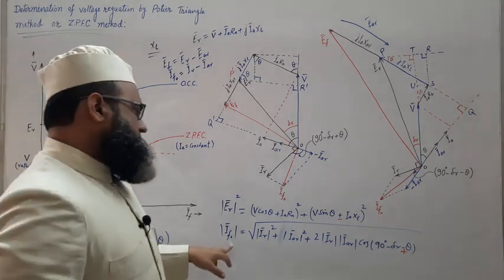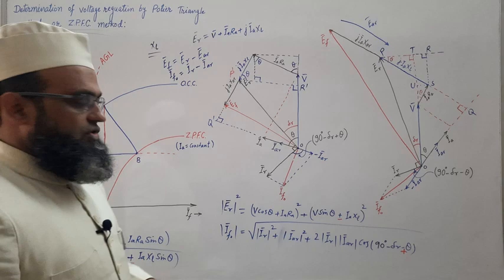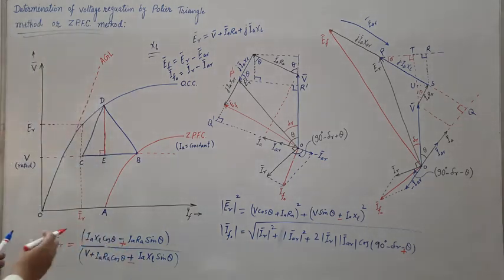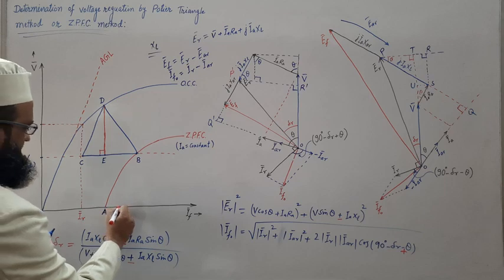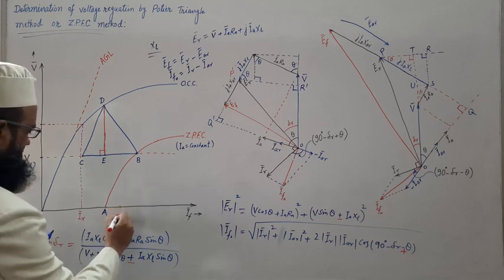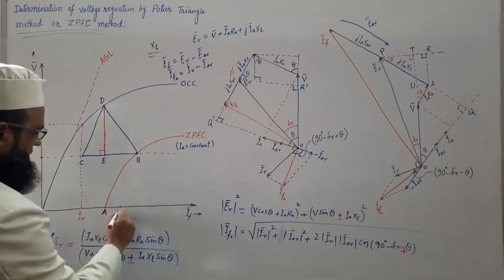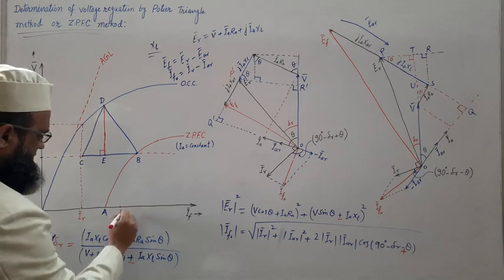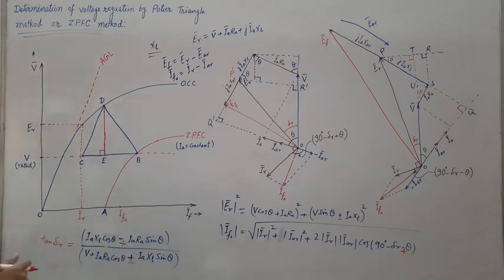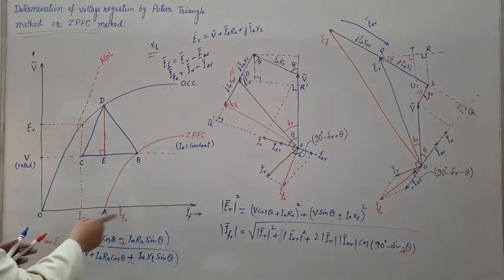Once this magnitude is known, let us take this was IR, let us say this is IA0. This is the point corresponding to IF0, field current corresponding to IF0, corresponding to this magnitude.